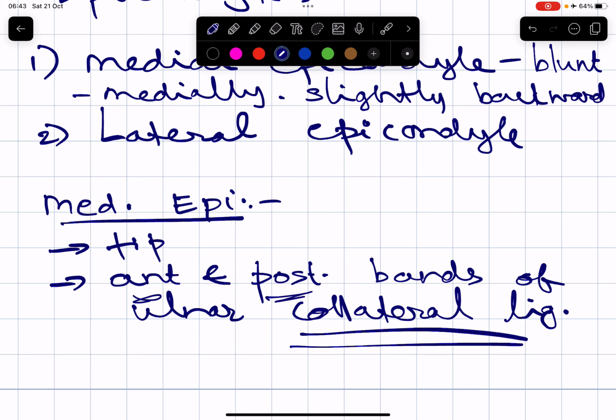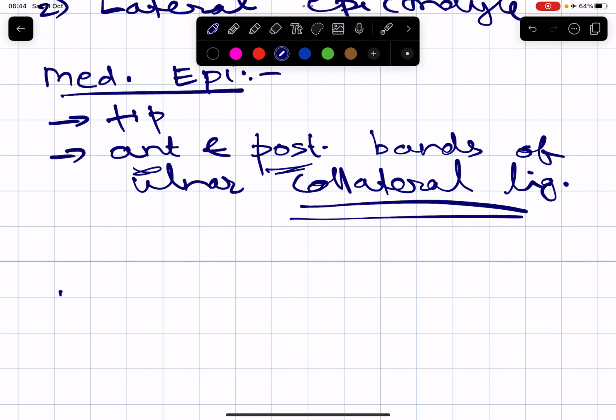So just at this point of time, just remember that the ulnar collateral ligament is a ligament of the elbow joint. It has got two bands, anterior and posterior bands, and these bands are attached to the tip of the medial epicondyle. There is more.